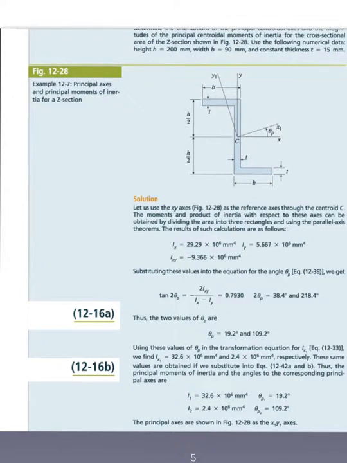For example, since here in this solution we are told that we can find the moment of inertia of this z section by splitting this section into three rectangles, we're going to end up with this rectangle and that rectangle being offset from the principal axes x and y. And for them, we'll use the parallel axis theorem to calculate them.